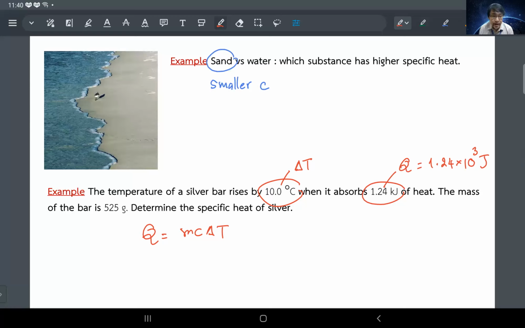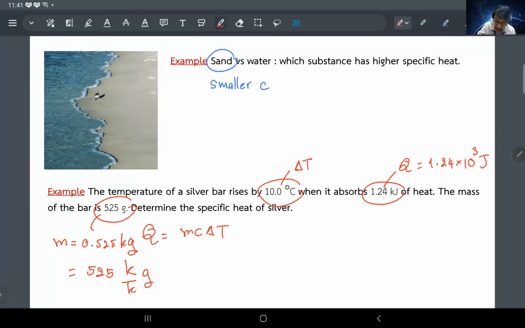Now the mass of the bar is 525 grams. So this one is going to be your mass, but because we want everything in the SI system, you can turn it into kilograms by dividing by 1,000. I just want to emphasize my point right here. The way that I turn this into a kilo is I multiply by K divided by K. Does that make sense to you?